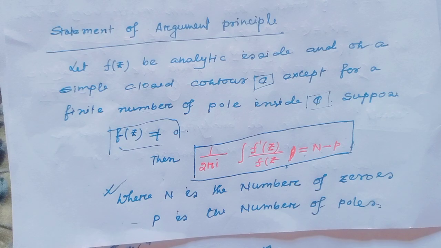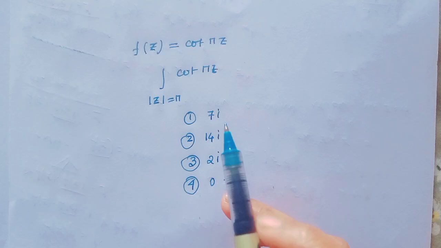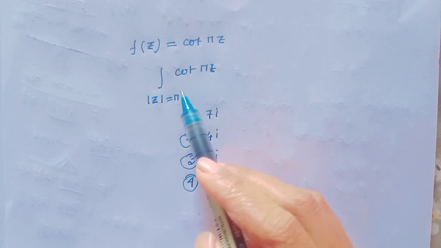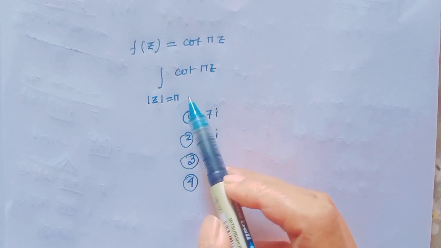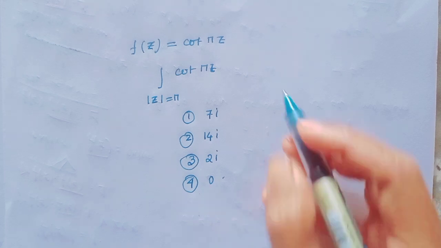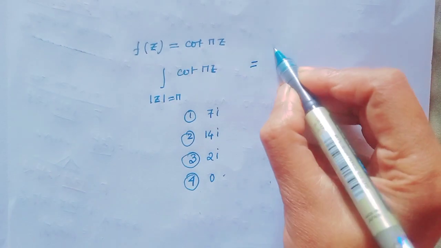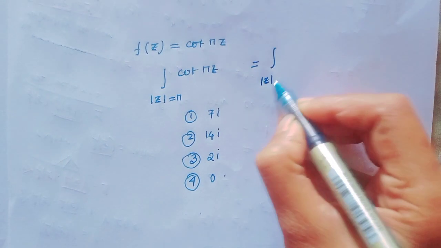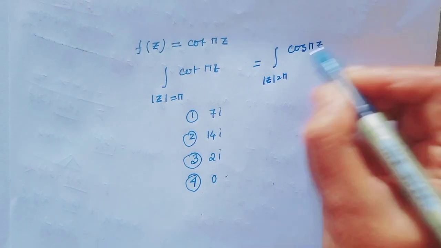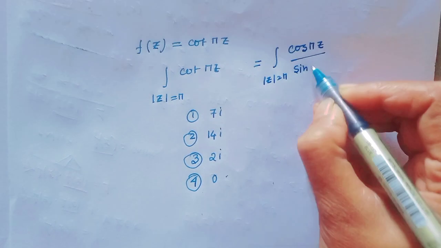Okay. At first let's see one example on this argument principle. Find the integral over mod z equal to pi of pi cot pi z dz. We all know cot pi z equals cos pi z divided by sin pi z.